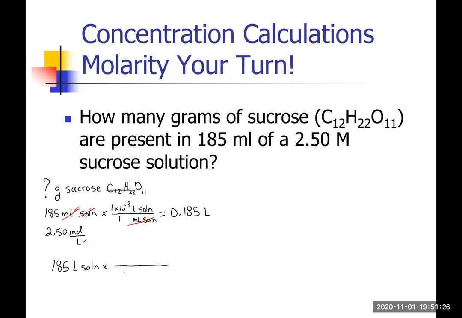And I'm going to make sure that the liters, 1 liter of solution, is on the bottom, and the 2.50 moles, and again, that's moles of solute, is going on the top. So that is moles of C12H22O11, and it's important that you memorize that, for cross-canceling per liter of solution.